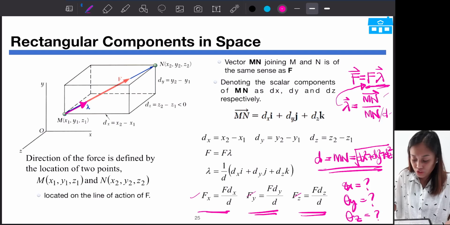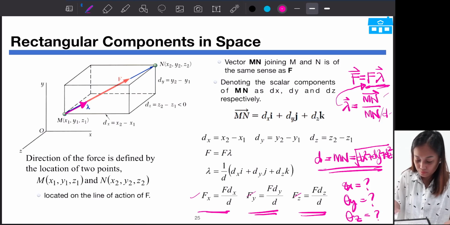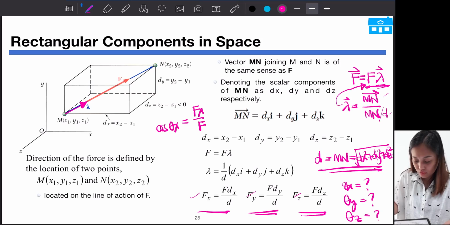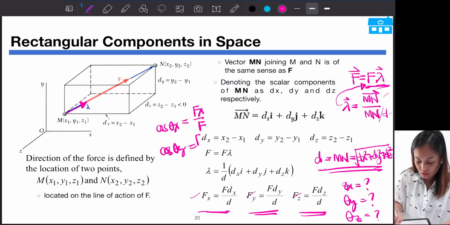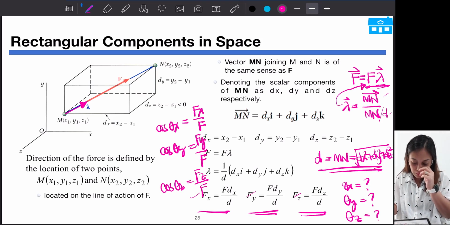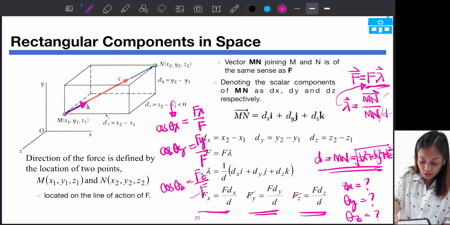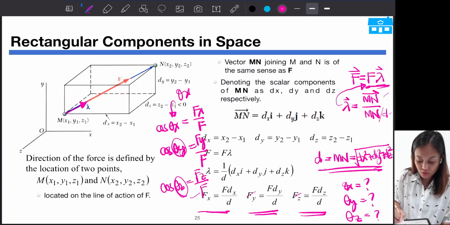We can use the direction cosines. Cosine theta x is Fx over F. Cosine theta y is Fy over F. Cosine theta z is Fz over F. Using these formulas, we can get theta x, theta y, and theta z.